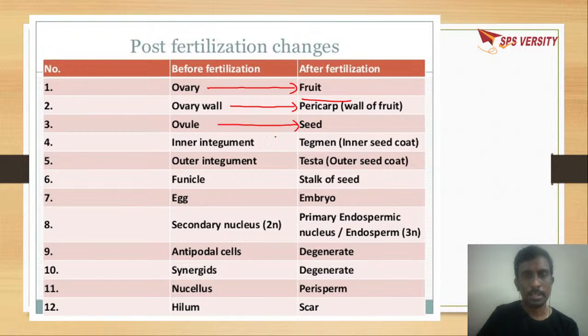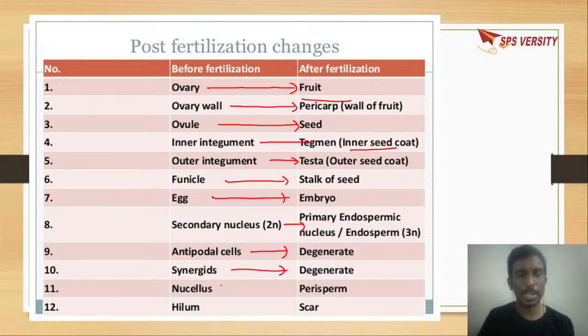Ovule into seed. Inner integument into inner seed coat. Outer integument into outer seed coat, testa. Funicle, stalk of the seed. Egg into embryo, secondary nucleus into endosperm, antipodal cells degenerate, synergid cells degenerate.